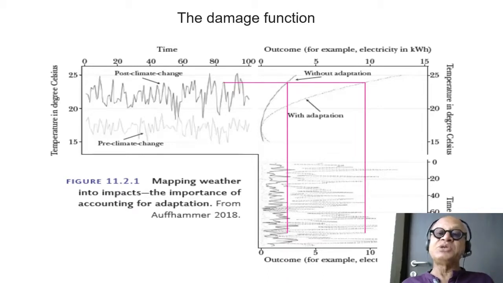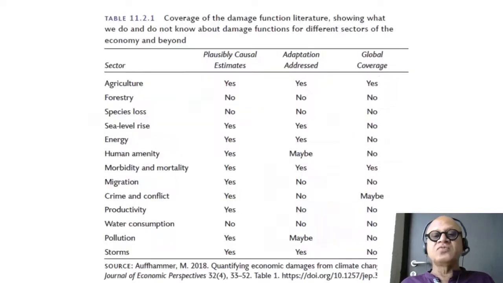Then adaptation is actually costing a lot more. So the damage function there is actually better without adaptation, but then other externalities kick in where health impacts could be worse, morbidity and mortalities go up, productivity goes down, and so on and so forth. Okay, so those are the kind of issues involved in the damage function.